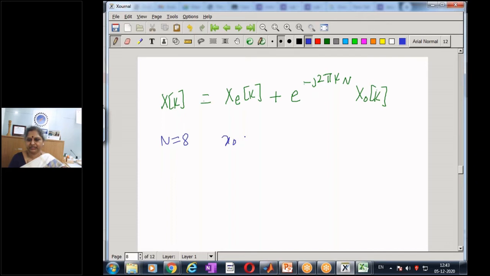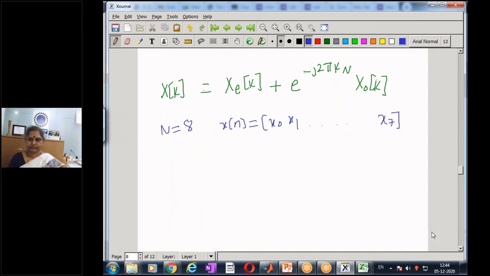My input sequence xn is now going to have the terms x0, x1, and so on up to x of 7. And then my even terms.